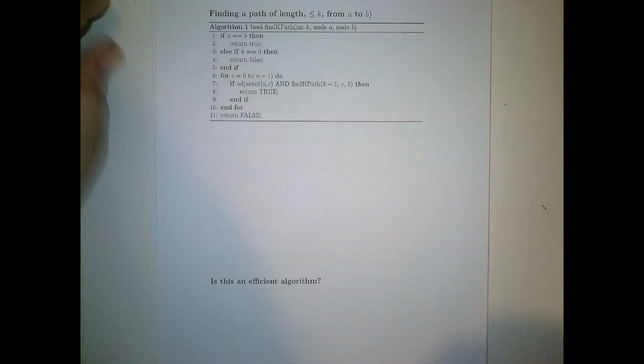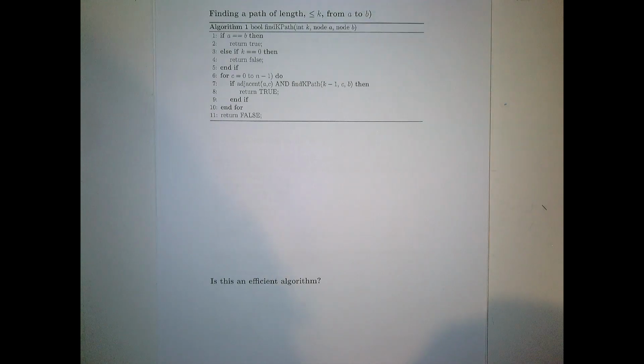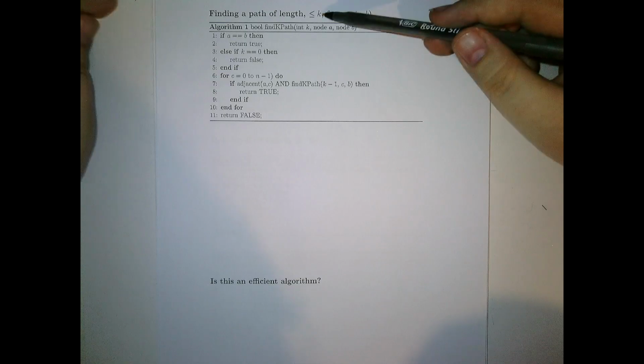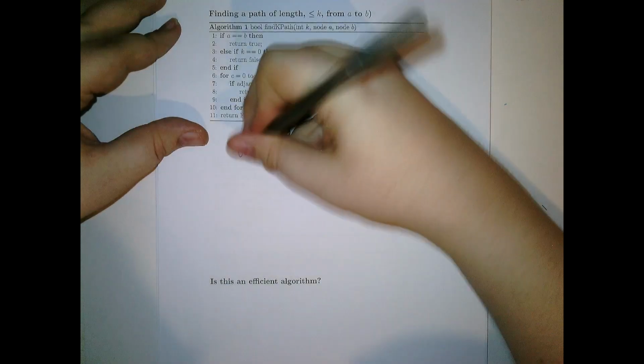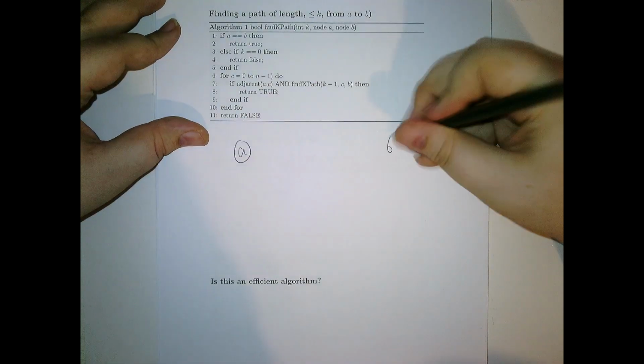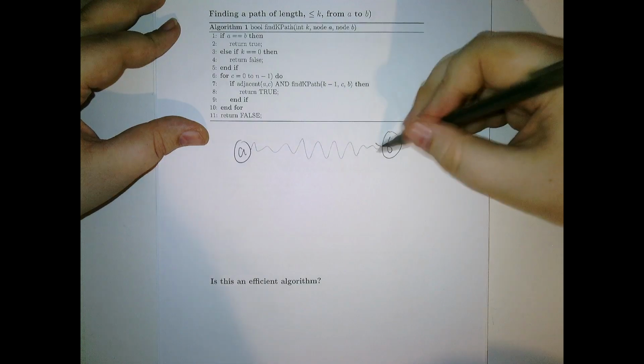Last little thing here to think about. Let's try and implement a very simple algorithm. So what's the algorithm? Well, I want to think about finding a path, and let's say we want to find a path that's less than or equal to length k from some starting point A to some ending point B. I want to find some path through the graph.